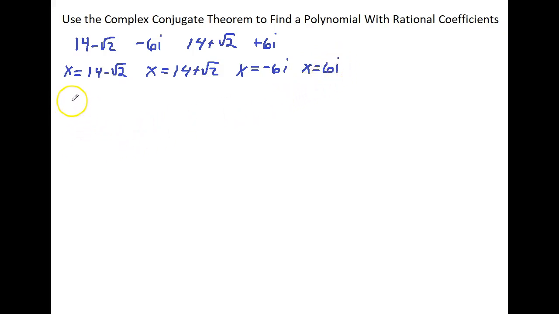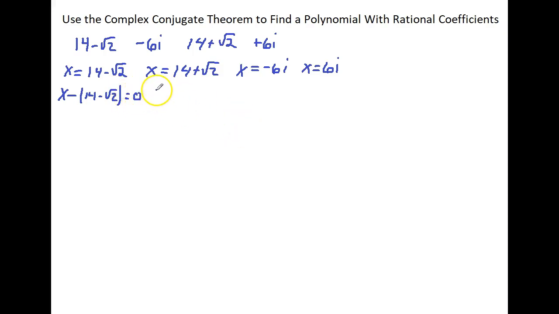Now, I am going to put these together as factors, so I'm going to subtract 14 minus radical 2 from both sides. So I have x minus 14 minus radical 2 in parentheses equals 0.